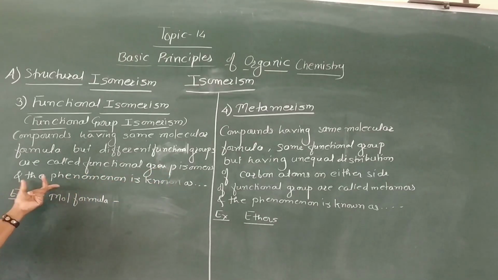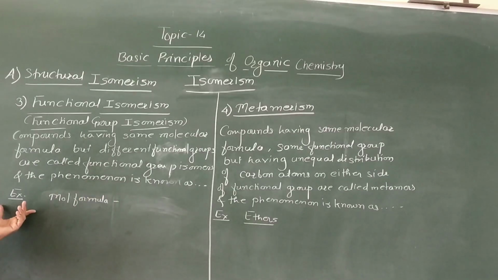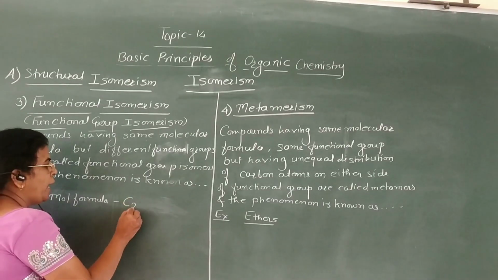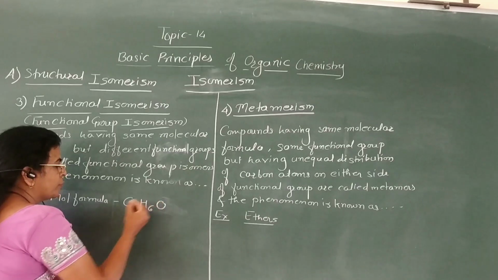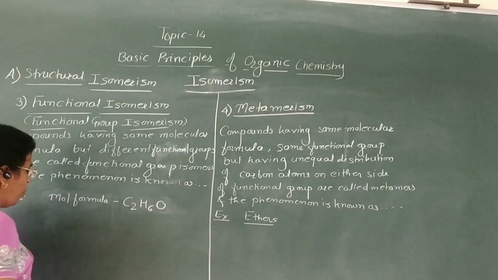We can understand this concept by using an example of a compound having the molecular formula C2H6O.